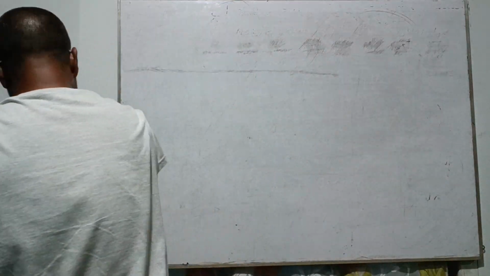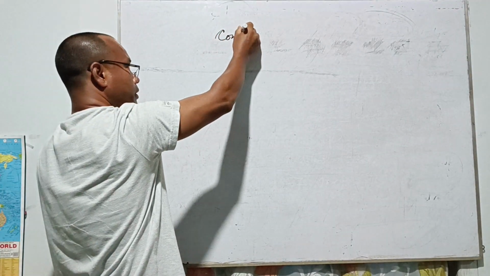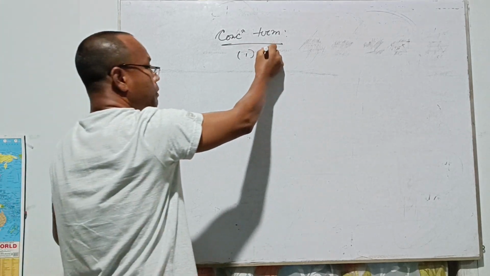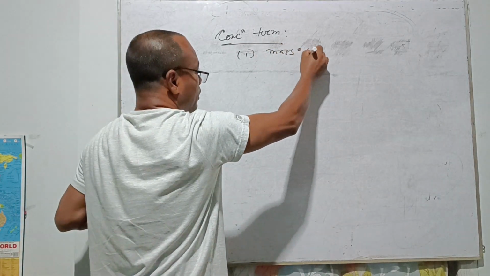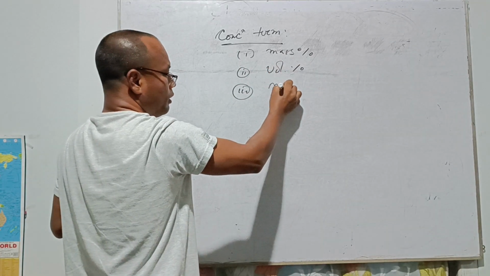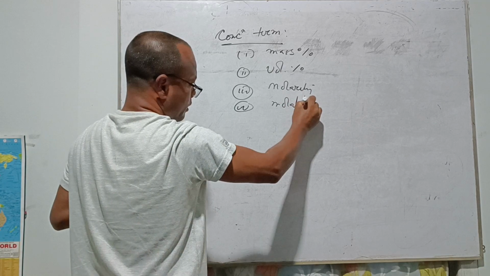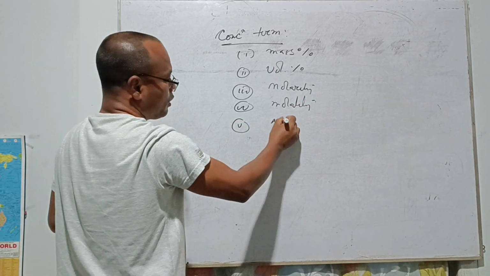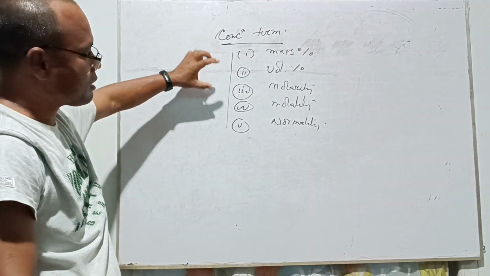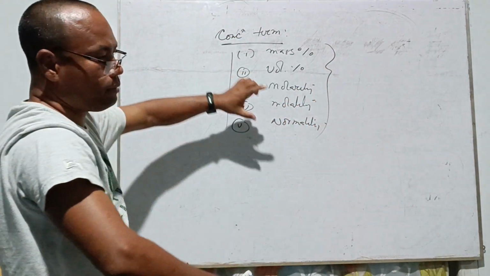Now, so far, the concentration terms we are talking about, I repeat again. One is mass percentage. Number 2, volume percentage. Number 3, molarity. Number 4, molality. Number 5, normality. Now, what is common in these cases?